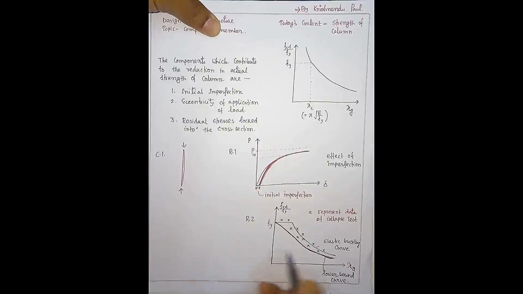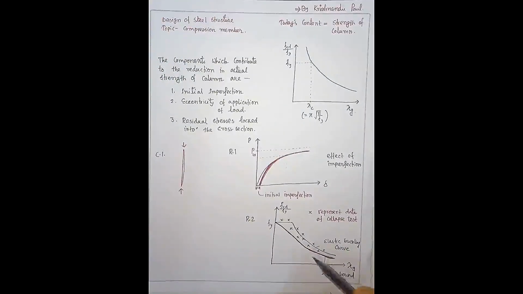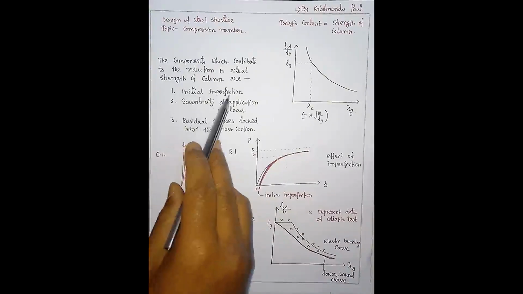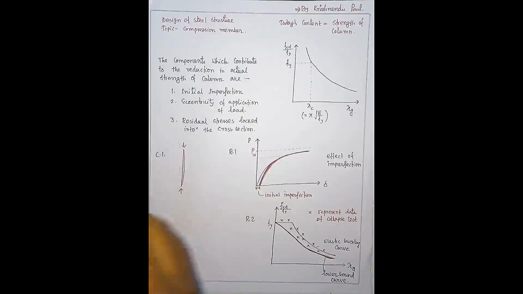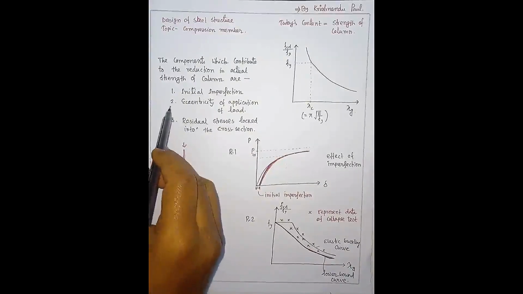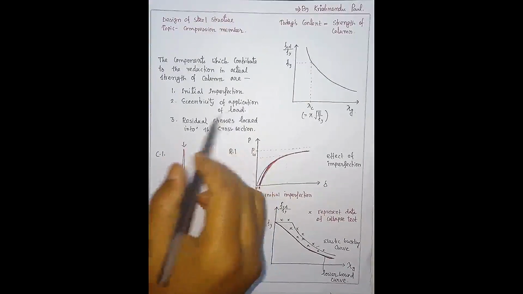Now by this representation we can see how the initial imperfection reduces the actual strength compared with the theoretical strength of a compression member. Now, the second one is eccentricity of application of load.